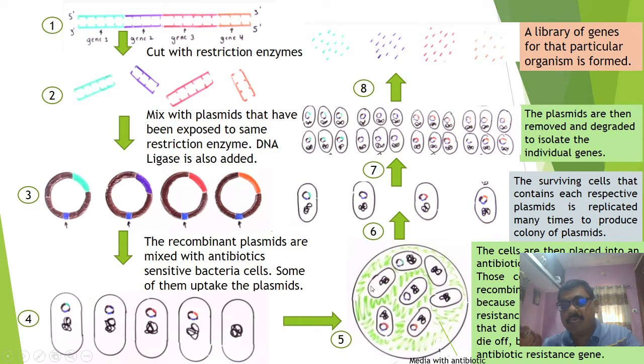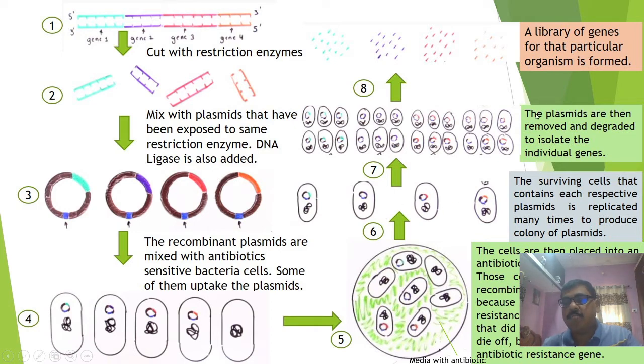Then afterwards, the surviving cells, each containing its respective plasmid, are replicated many times to produce a colony, and this is also done on the culture medium.